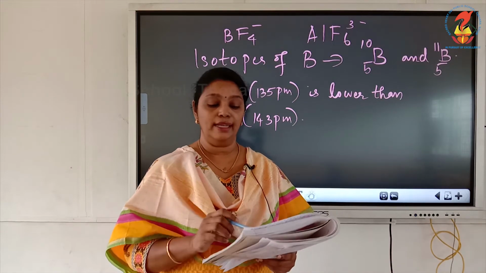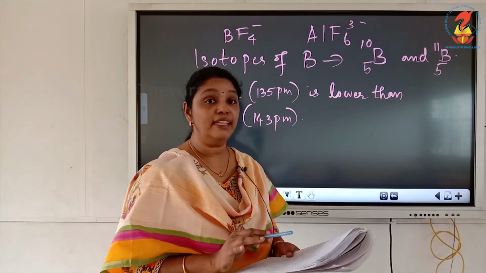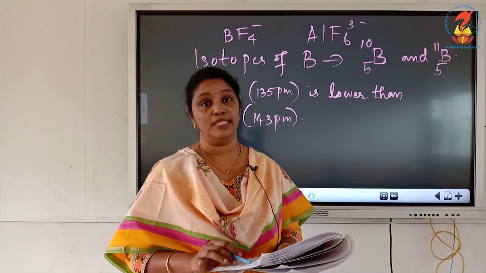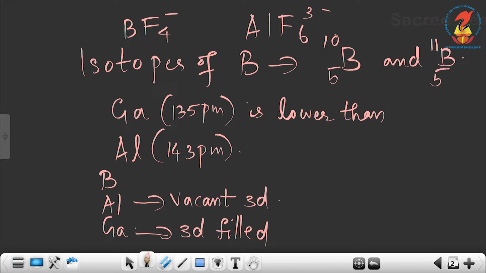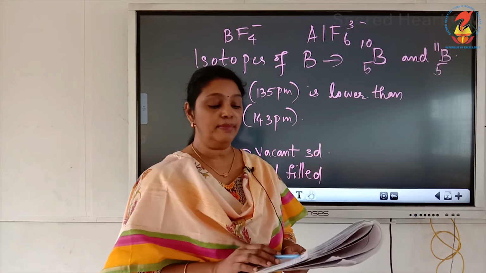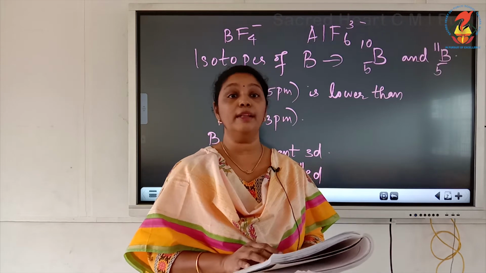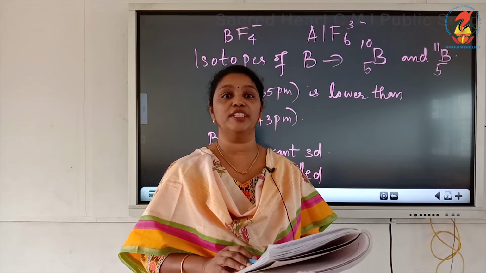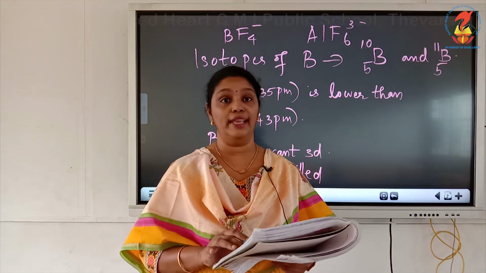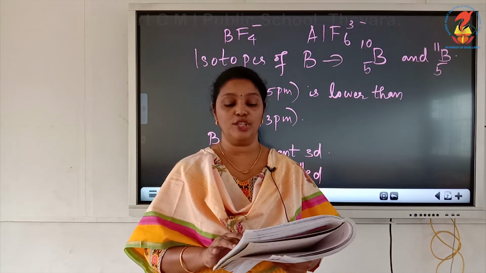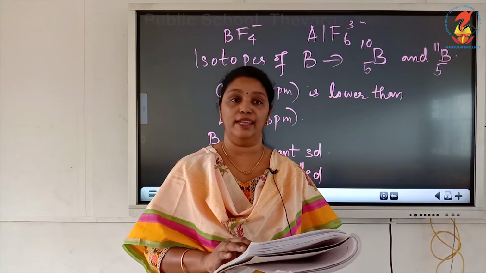Because in gallium there are 10 electrons in the 3d orbital. We know that with gallium the 3d orbital is filled, whereas aluminium has vacant 3d orbital. So in gallium there are 10 electrons in the 3d orbital, but due to poor shielding effect of d orbital, Z effective is more and the valence electrons experience more force of attraction by the nucleus in gallium than in aluminium.